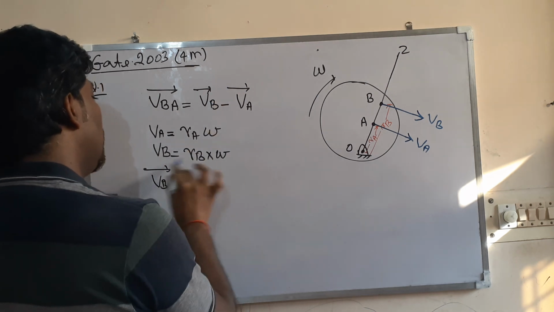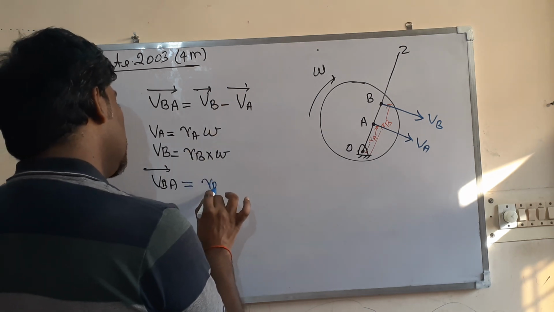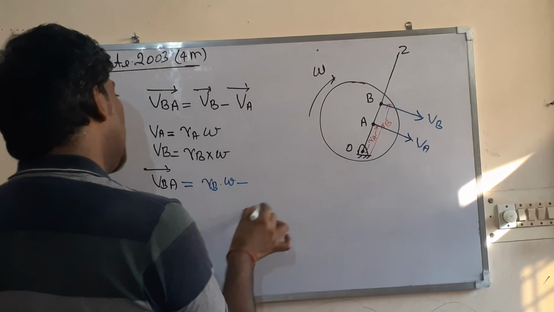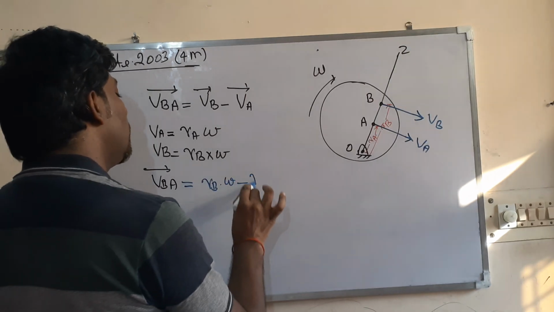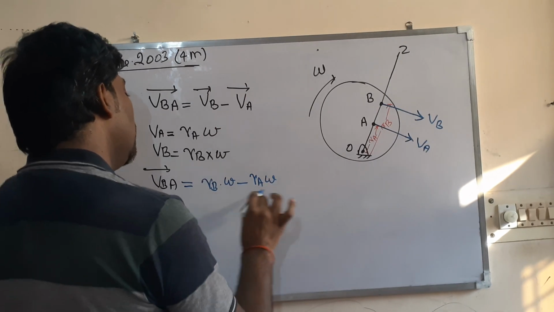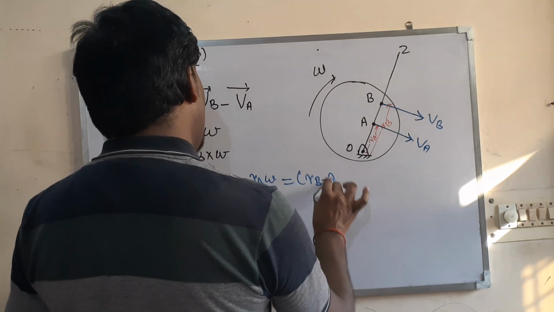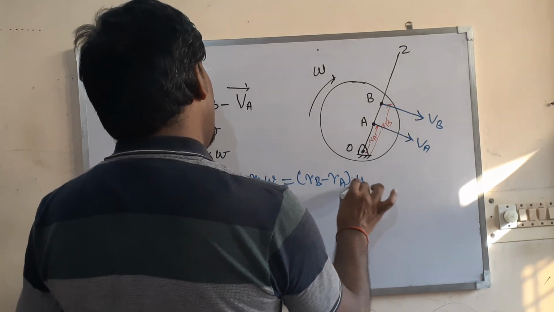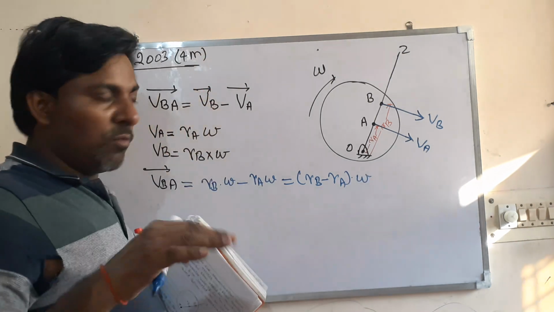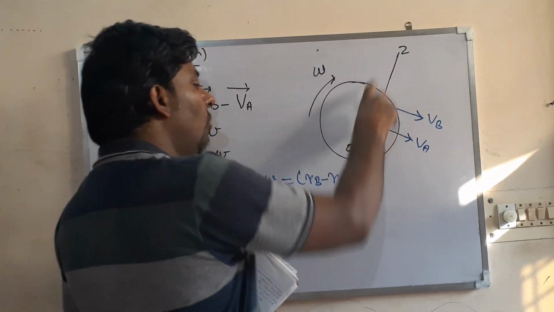So VB is equal to what? RB into omega, minus VA, which is RA into omega. So what we are getting is RB minus RA into omega, and what will be its direction? Perpendicular to OZ.